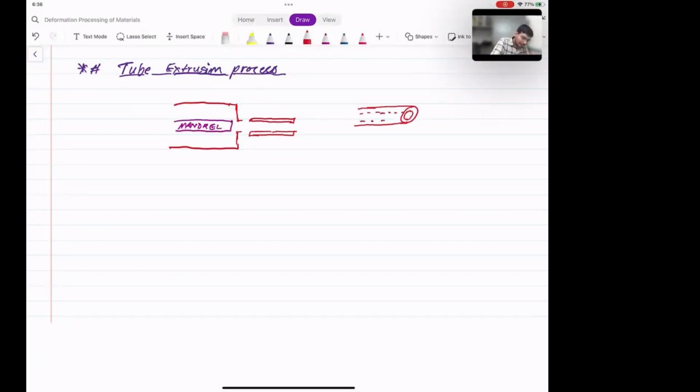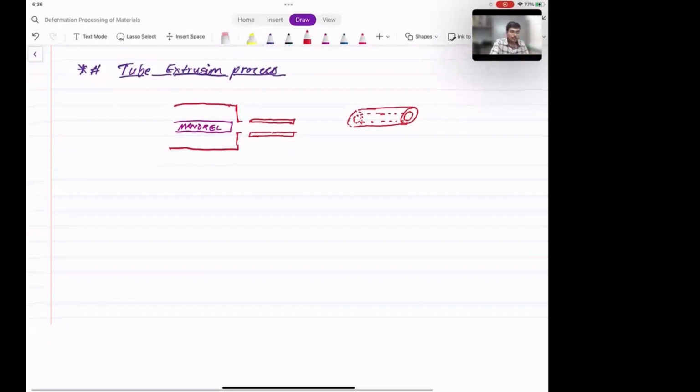So a hollow section like this will be formed. So this was the tube extrusion process.